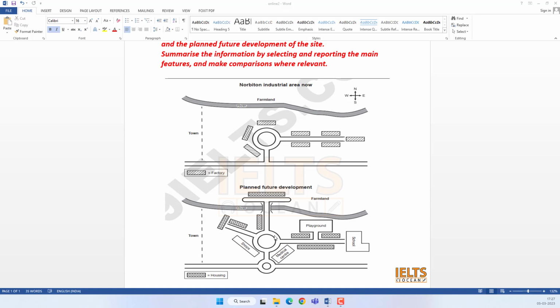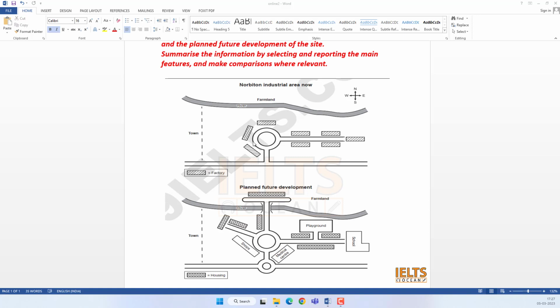And let's see what the similarities between the two maps are. Obviously you can see at the top there is a river, and below there is a road, and on the left side, or we can say at the west, there is a town.